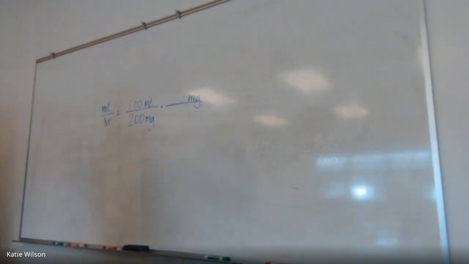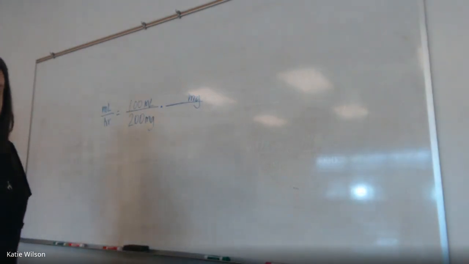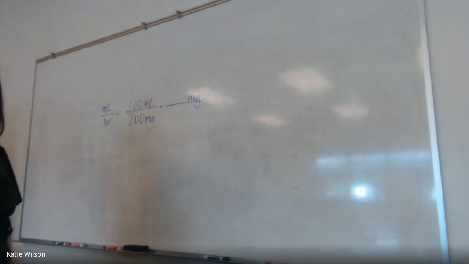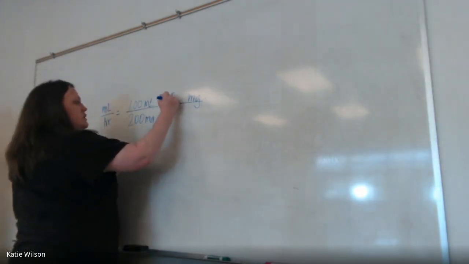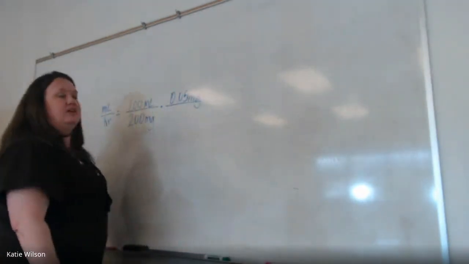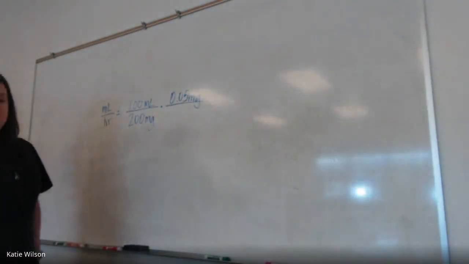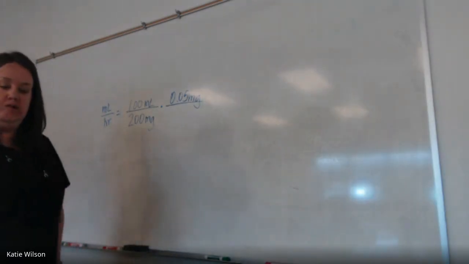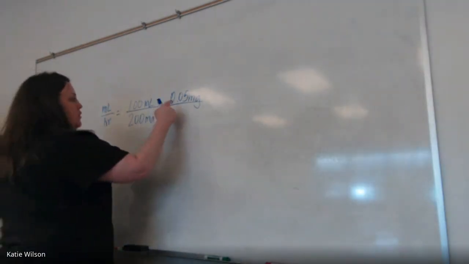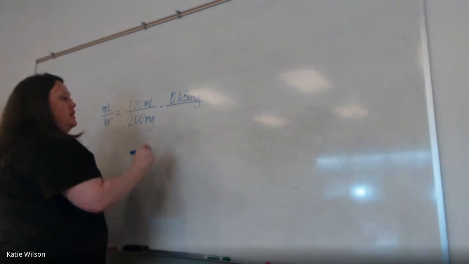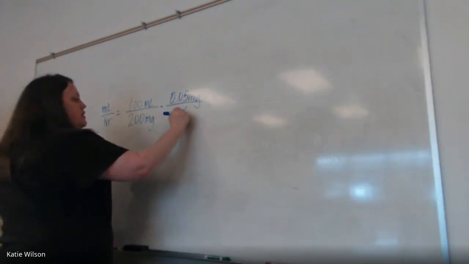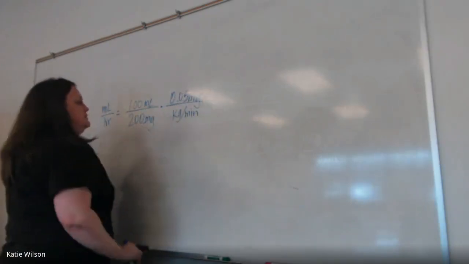Okay, so now I'm going to use milligrams next to get that canceled out. What does it tell us about milligrams? 0.05 milligrams. 0.05 milligrams were ordered. What in relation to that 0.05 milligrams? 0.05 milligrams for every kilogram per minute. So both of those are going to be on the bottom. Got rid of milligrams.